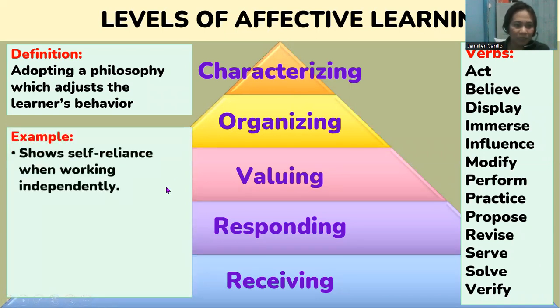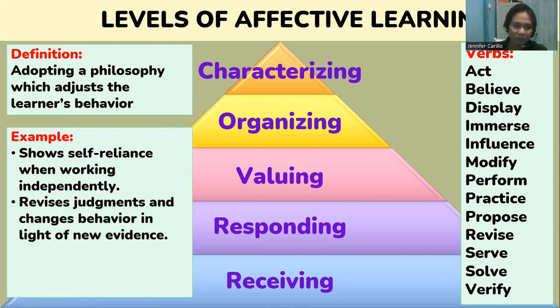So example, shows self-reliance when working independently. Okay, so this is a good character, not just always by pair or by group. Our students should perform some tasks independently, that they have to rely on themselves.